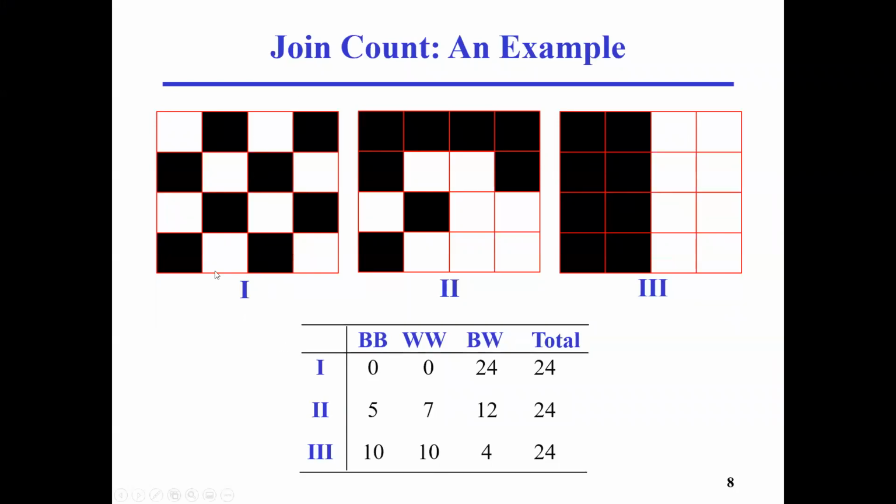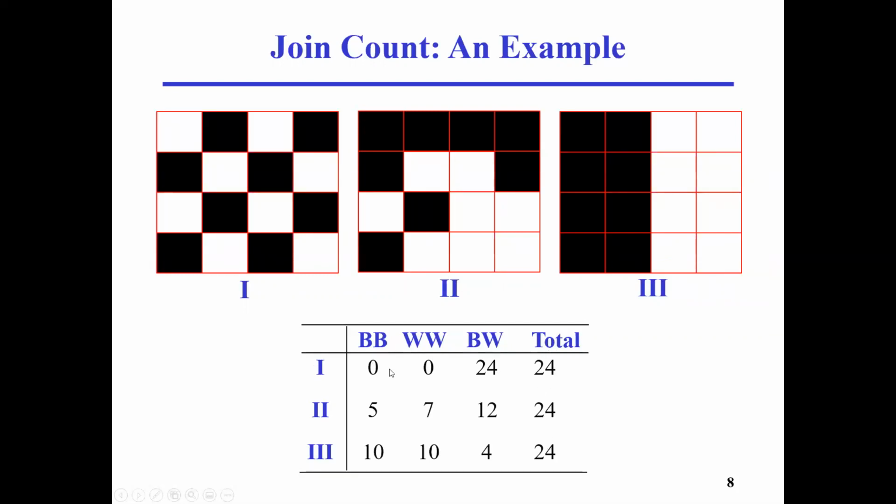In case 1, case 2, and case 3, there are different numbers of BB, WW, and BW joins. Case 1, I introduced before: 0 BB joins, 0 WW joins, but 24 BW joins. Because the total number of cells stays the same in these three cases, the total number of joins stays the same.